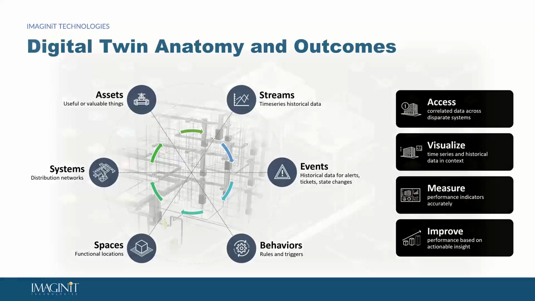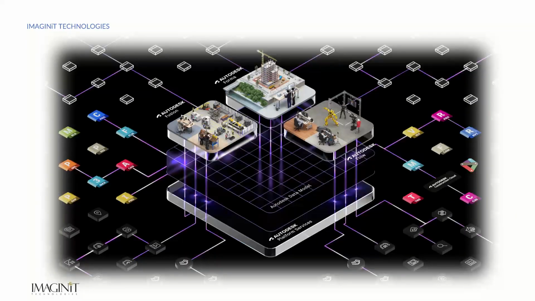And as far as where all of this comes from to develop a digital twin, where are all of these data streams coming from? Well, no matter where they're coming from, they all collect and come together and can be a part of and live in a digital twin.